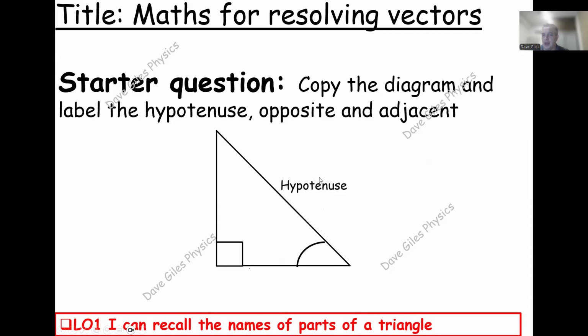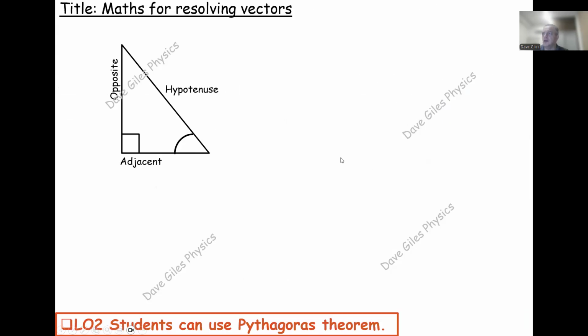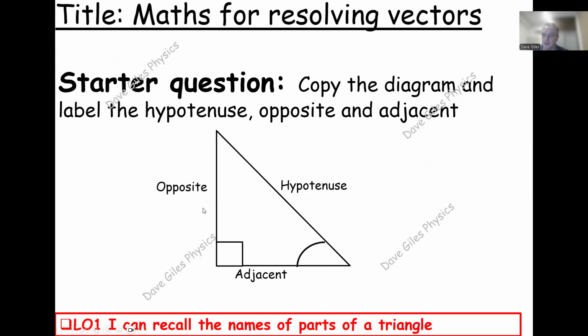So this here is the hypotenuse. And then we've got the opposite. Opposite just means opposite the angle we're talking about, so it's over here. And the adjacent is the other one. It's the line between the right angle and the angle we are looking at. This is the adjacent. So that's the first learning objective complete already, about recalling names of parts of a triangle.